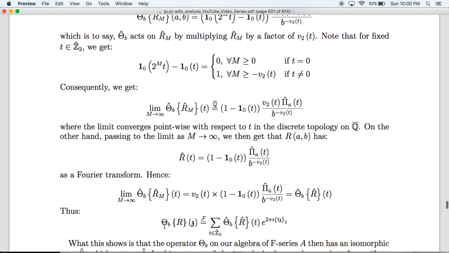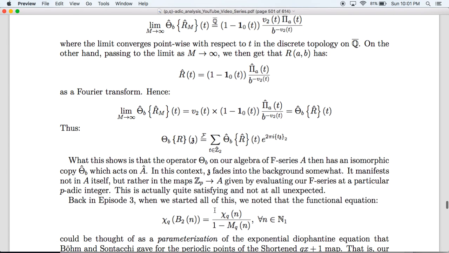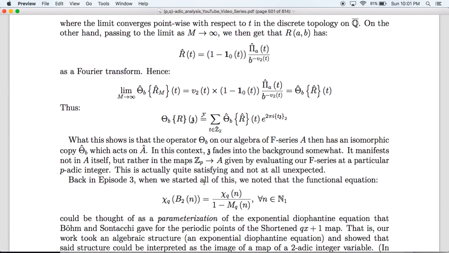And so in particular, applying theta_b to R would be the same thing as applying theta_b hat to R hat, and theta_b hat multiplies R hat by V_2 of t. So what this shows is that our operator on our algebra of F-series has an isomorphic copy that acts on A hat. In this context, the z's, as I mentioned before, fade into the background somewhat. They manifest not in A itself, but rather in maps from Z_p to A, given by evaluating our F-series at a particular p-adic integer.